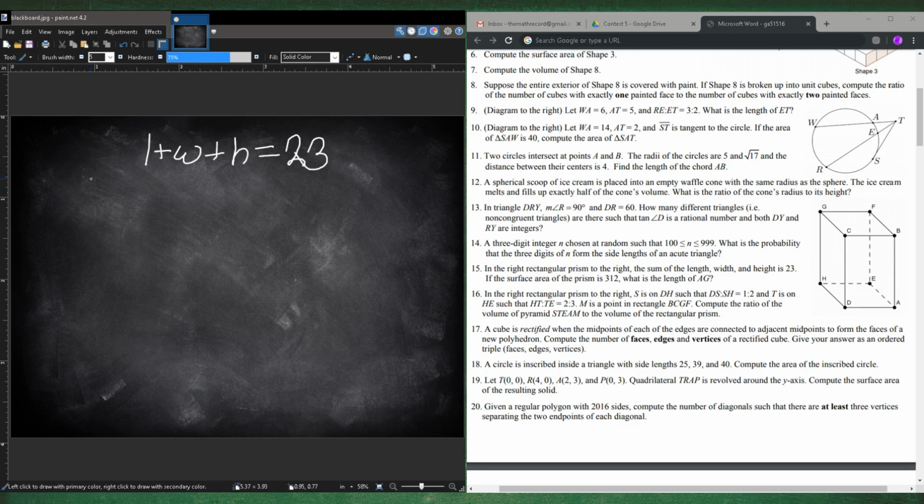And they said the surface area, which is just 2 length width plus 2 width height plus 2 length height, is equal to 312.